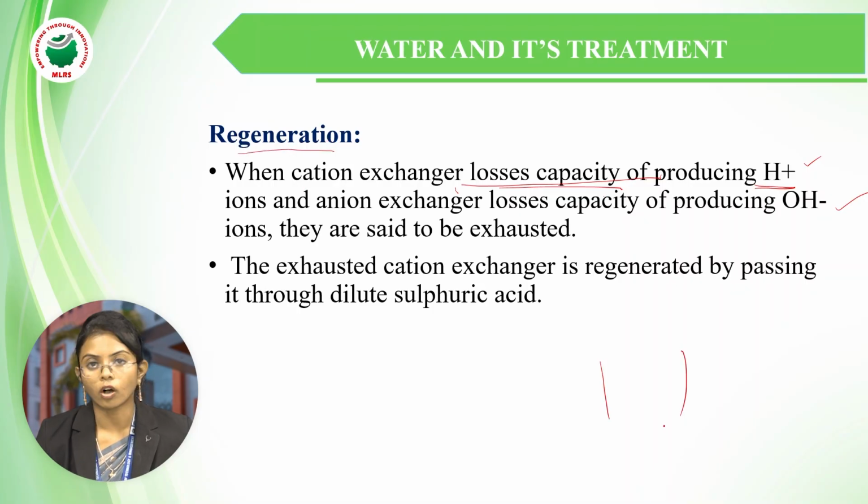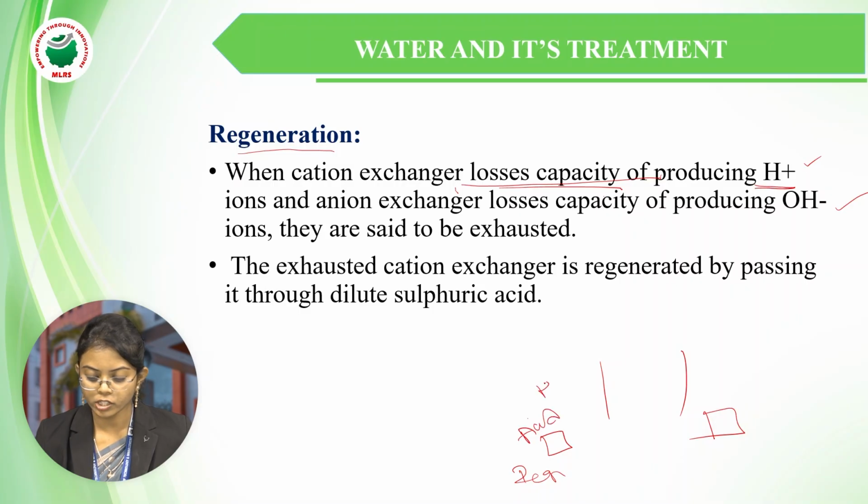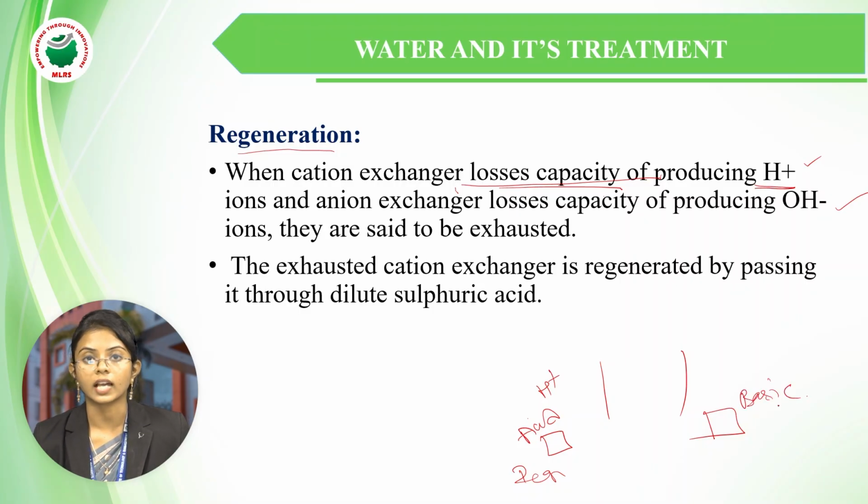That means to the columns, we are going to connect regenerators. For the regeneration of H plus ions, we are using dilute sulfuric acid. For the regeneration of OH minus ions, we are going to use dilute sodium hydroxide. By using these two chemicals, we can regenerate the H plus ions and OH minus ions.